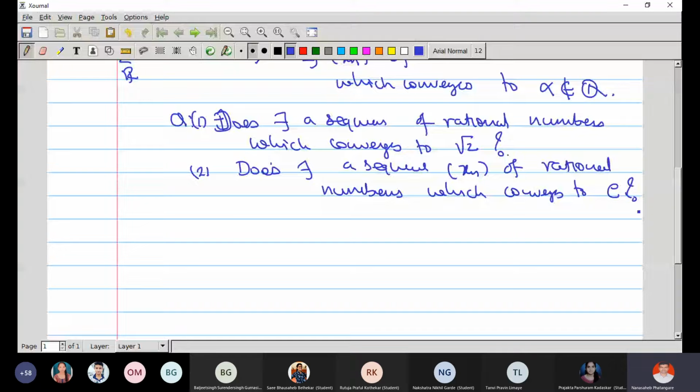Okay, the second question. Does there exist a sequence of rational numbers which converges to e? Yes or no?